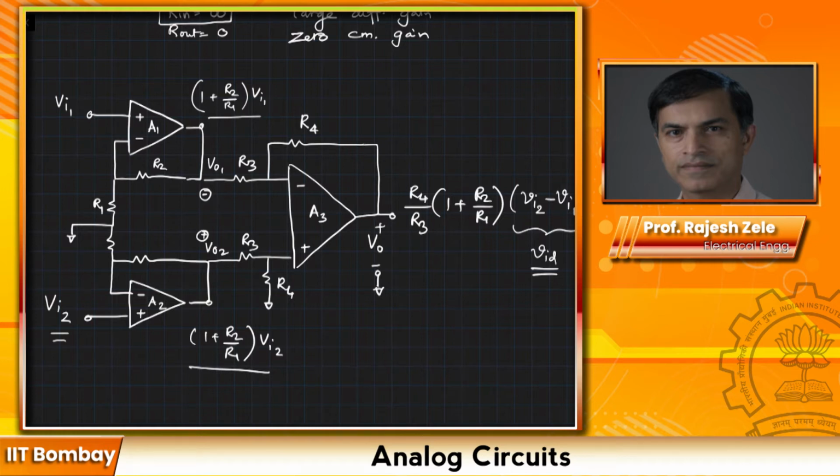and so since we have two stages of amplification, we get a large gain. So you can choose R4 divided by R3 to be 100 and R2 divided by R1 to be another 100. So you get a gain of 10,000, something like that. So you can get a large gain, and even more if you can get more gain here. All right.